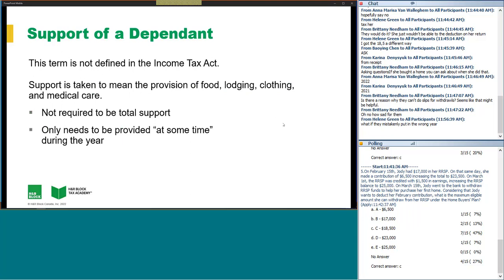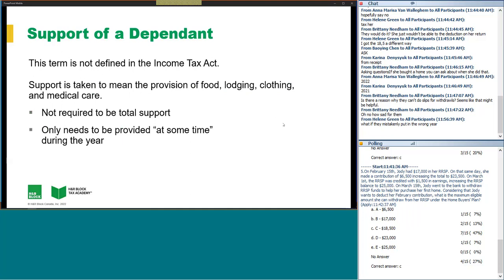Okay, let's drill into this a little bit more. When I say support, what do I mean? Well, the Income Tax Act doesn't define support. It just says support. In Canada, we have case law, so lots of people would put a dependent on, and the CRA would say, you're not supporting them, and they would say, yes, I am, and they would go to court.